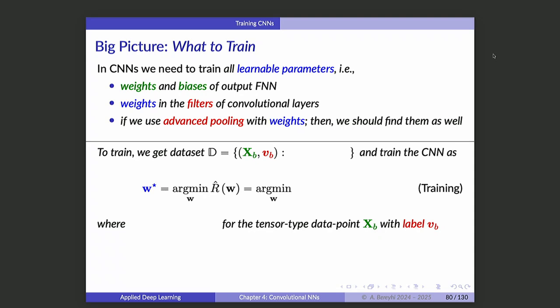Now, in this case, how does our data set look like? What is the input? What is the data sample that we have? It's, for instance, an image, and that image could be an RGB image. This is one sample. You get one sample, which is an image of a cat, and it's labeled as a cat.